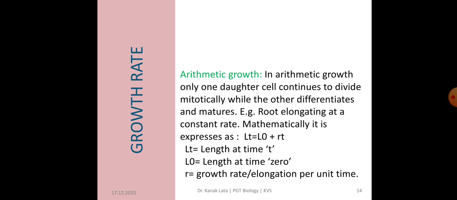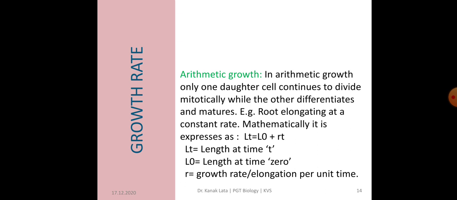In arithmetic growth, following mitotic cell division, only one daughter cell continues to divide while the other differentiates and matures. It is seen in root apex and shoot apex. In this case, a single meristematic cell divides mitotically to form two daughter cells.